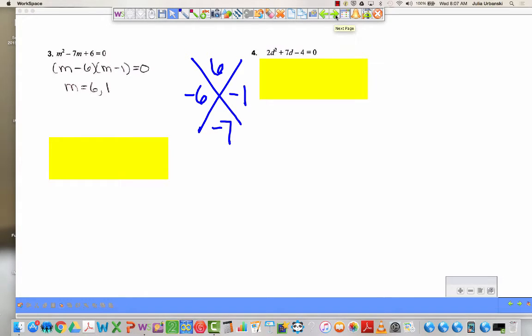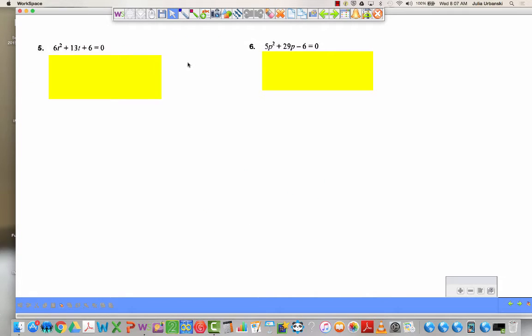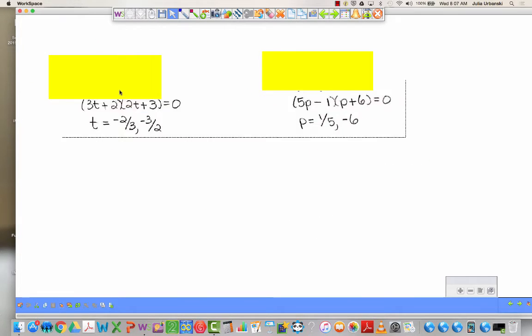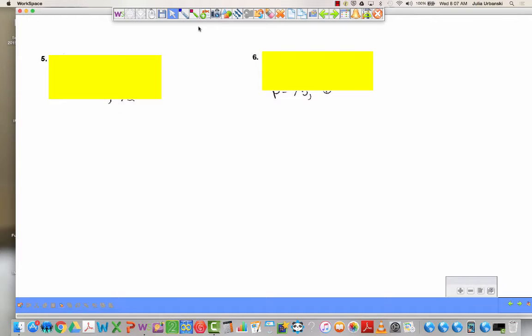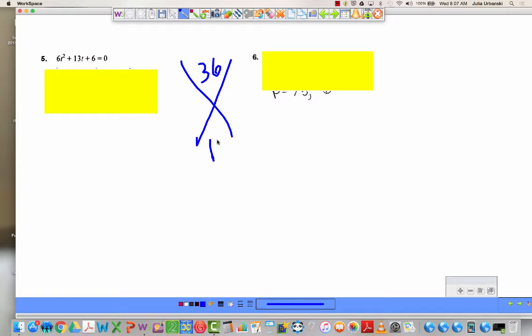Number 5. Your numbers are 36 on top, and what was it on bottom? 13. So I heard a lot of you saying 9 and 4 for that one. Remember, you cannot say that it's A plus 9 or A plus 4.